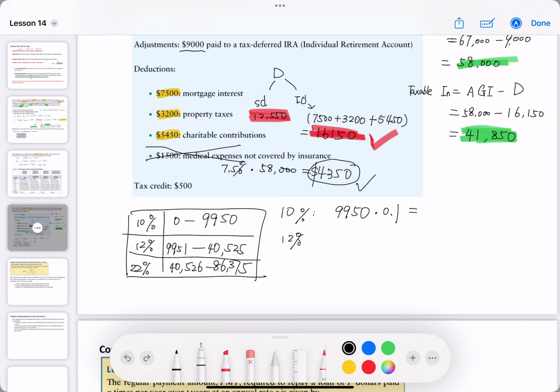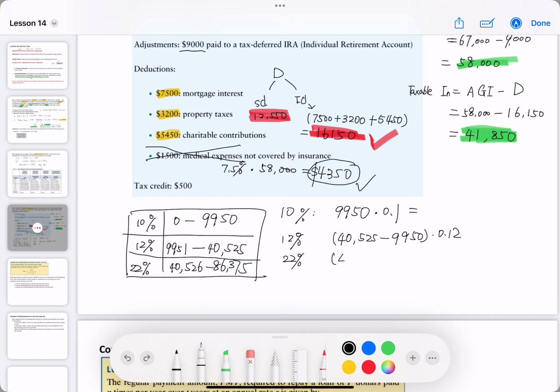It equals 40,525 minus 9,950, times 12%, which is 0.12. And for 22%, I'm using the rest of the money, because this amount I highlighted in green. It's inside of this bracket, but it's not more than the upper cap. That means I'm using this.